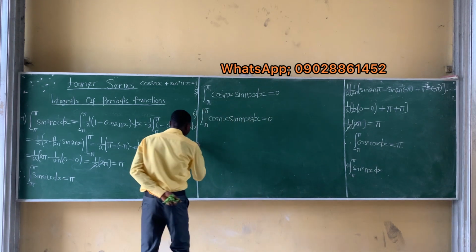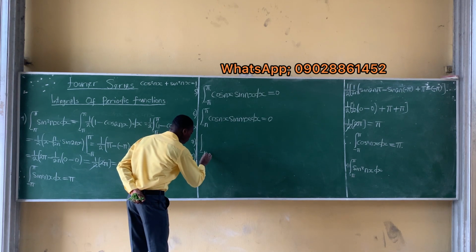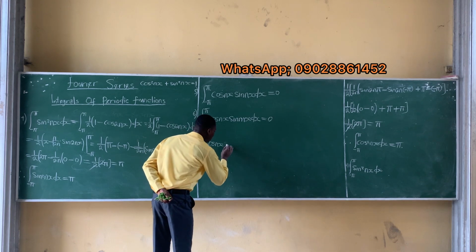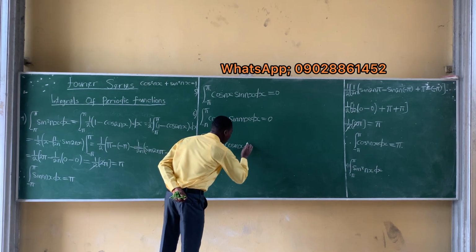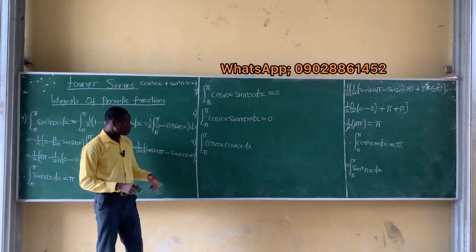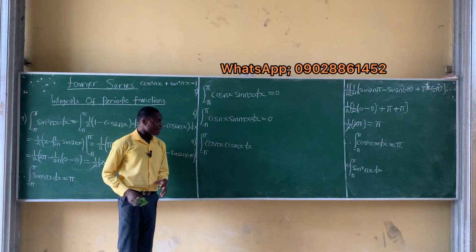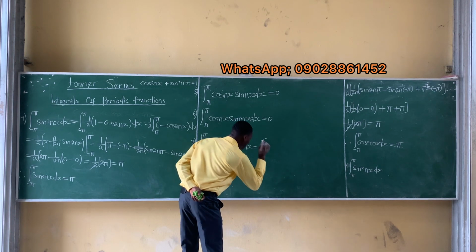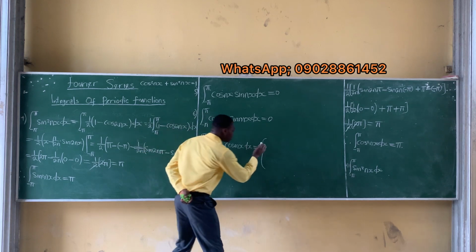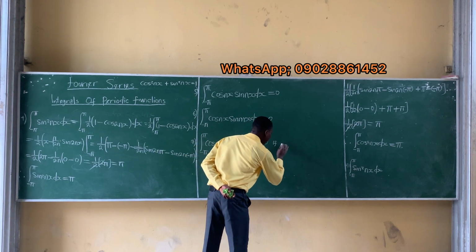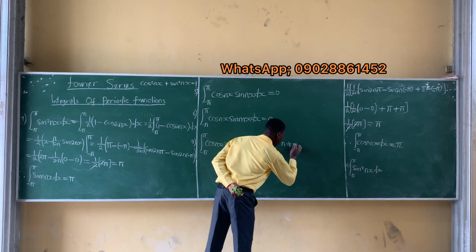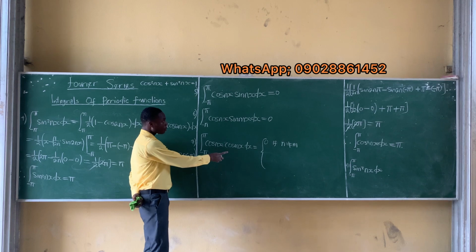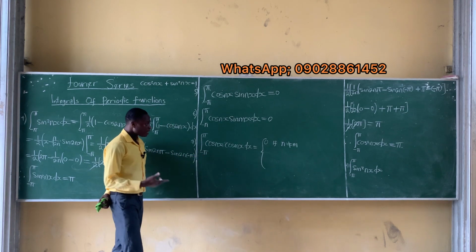Now, what about the integral from minus pi to pi of cos nx cos mx dx? Let's see what we are going to have. It will give us 0 if n is not equal to m, because if n is not equal to m, we are going to have different angles.